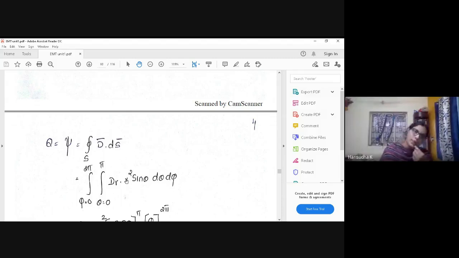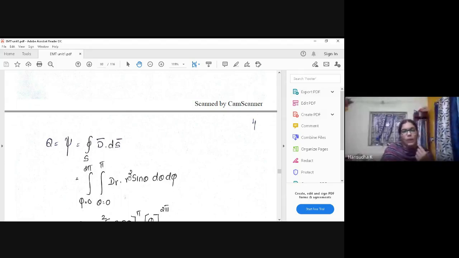So dS is equal to r square sine theta. Actually, dS is equal to r d theta times r sine theta d phi into the ar unit vector. So when we are substituting, we get dS is equal to r square sine theta d theta d phi. In this, Dr is a constant term, the electric flux density with respect to the radius r.